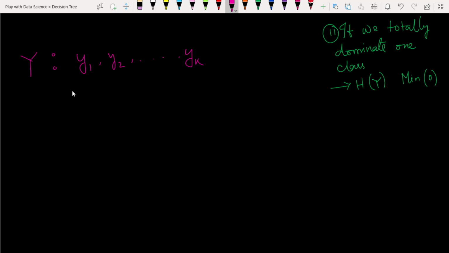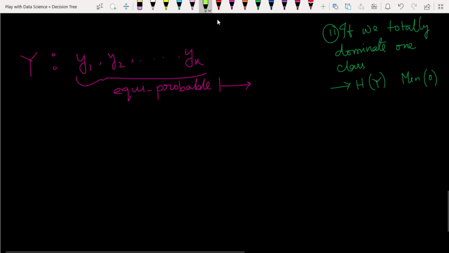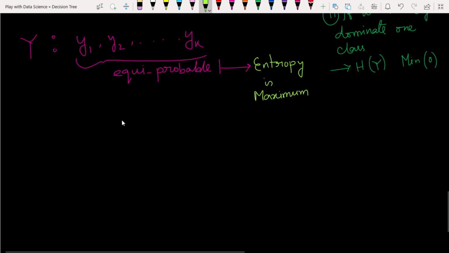If these k classes are equiprobable, then our entropy will be maximum. Let's see this pictorially.